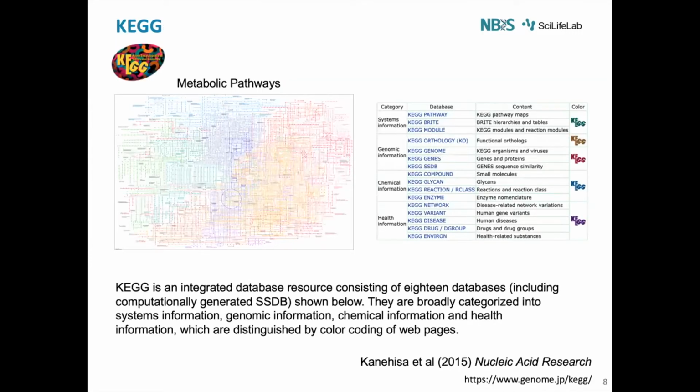Another very common database to look into biology and function is KEGG, which is the Kyoto Encyclopedia of Genes and Genomes. In that one, they have different information regarding the pathways, which is the most commonly used. In that case, the pathways actually are connected by a reaction.